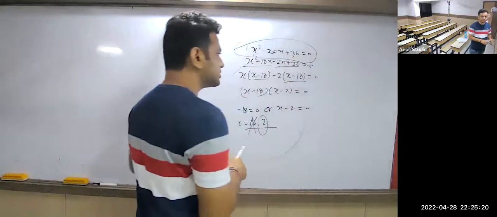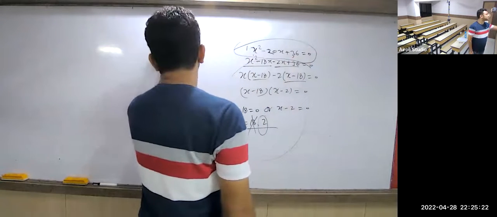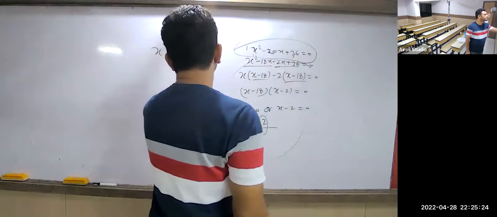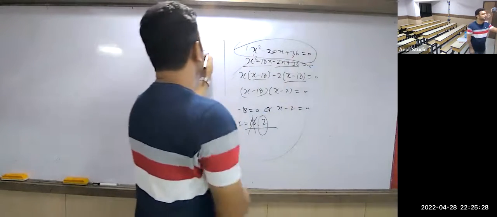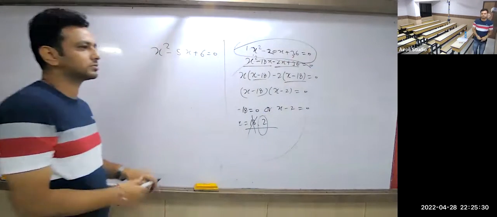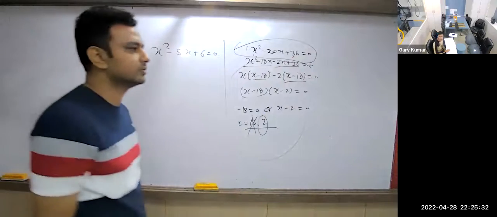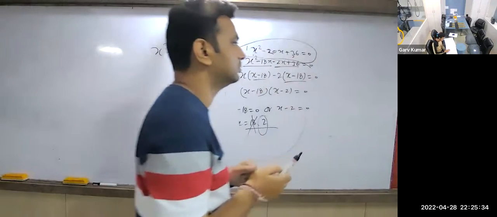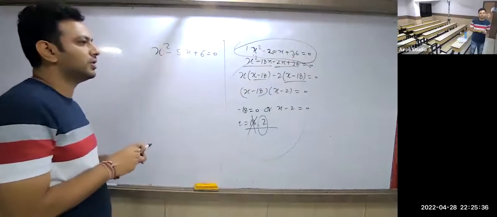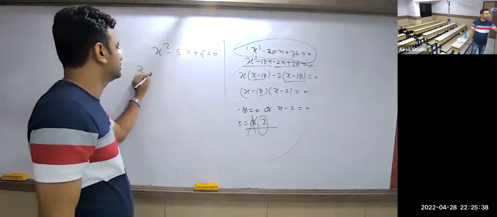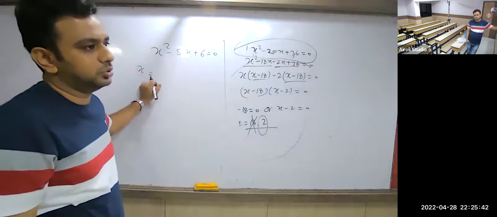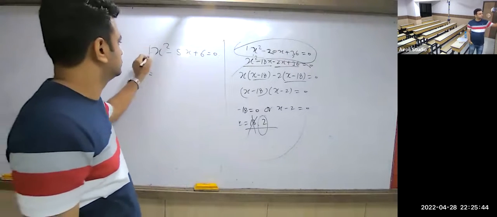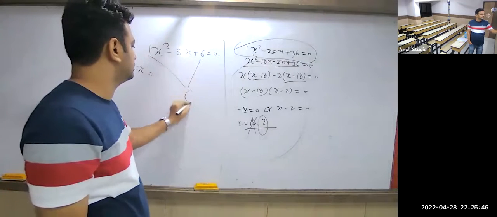Okay, I'm giving one question. Just factorize this. x square minus 5x plus 6 equals to 0. Just do this and tell me the values of x. So x square minus 5x plus 6 is equal to 0. Okay, value of x is... So you have 6.